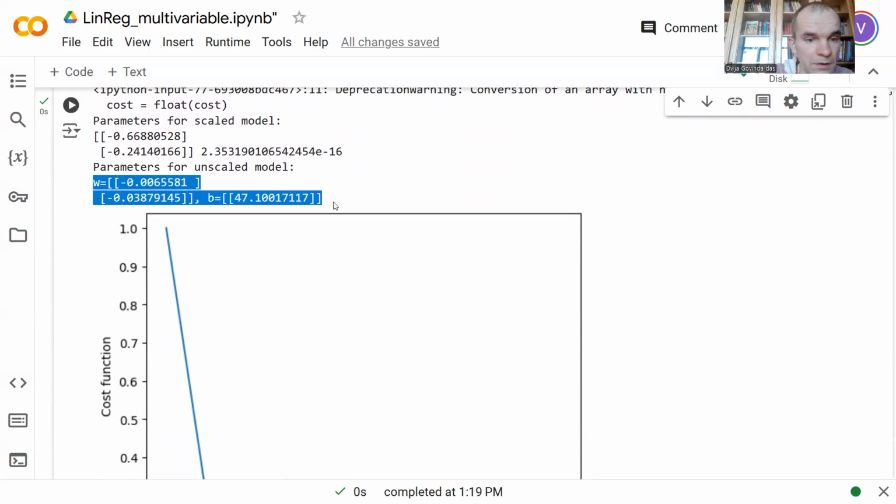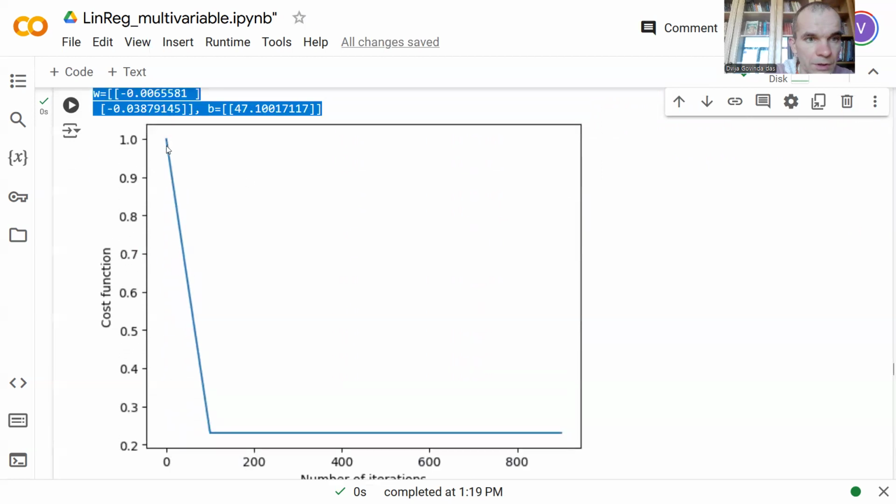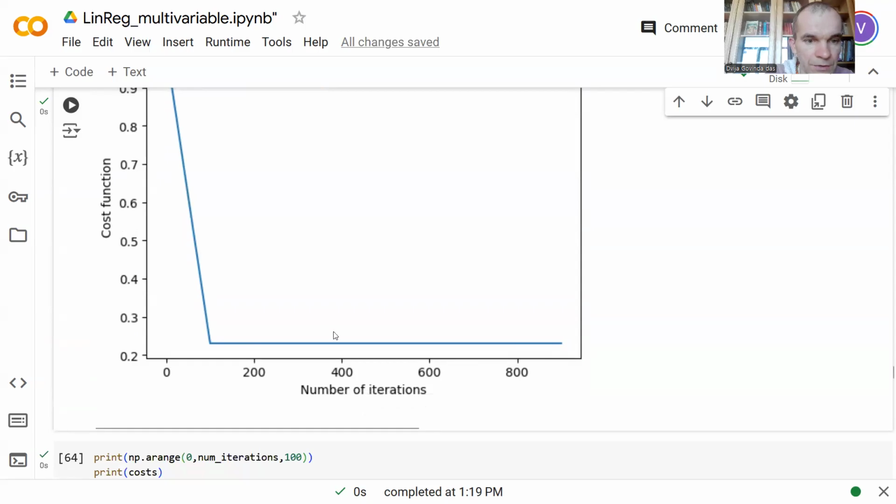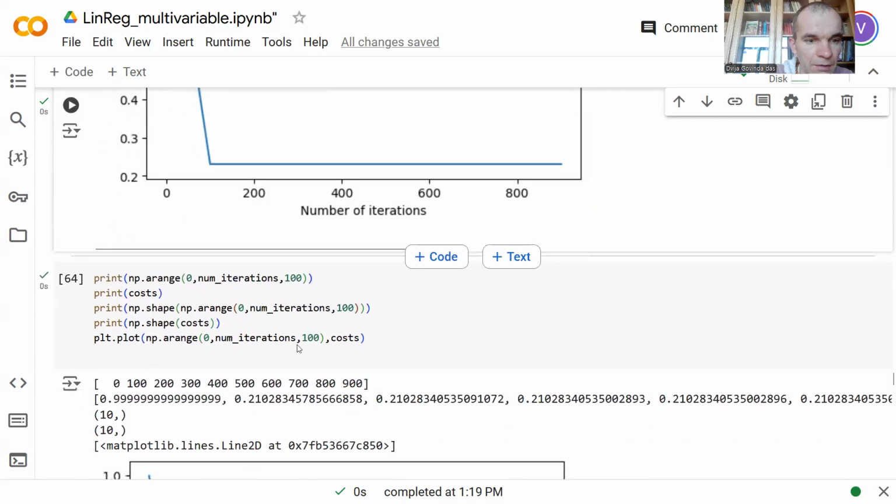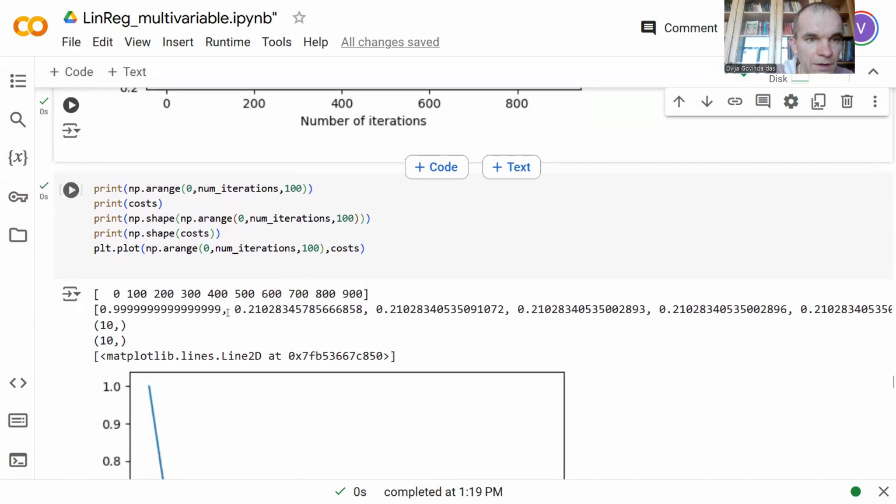So it gives the same answer, and here we can see also the graph of cost function. It very quickly decreases to one value and then remains in fact unchanged.